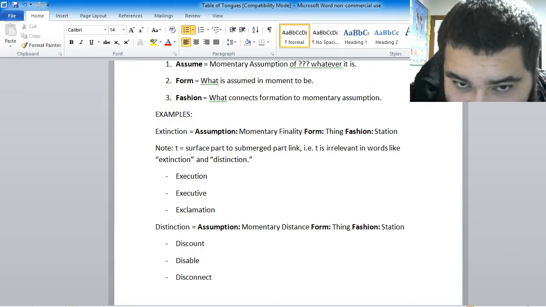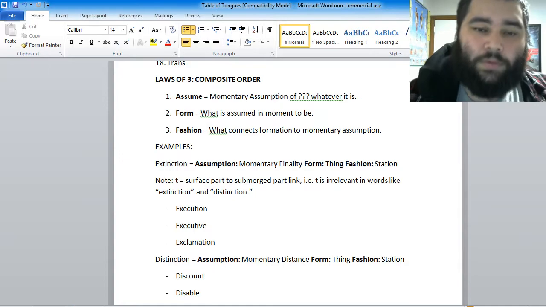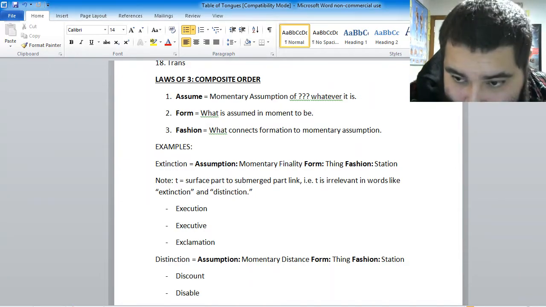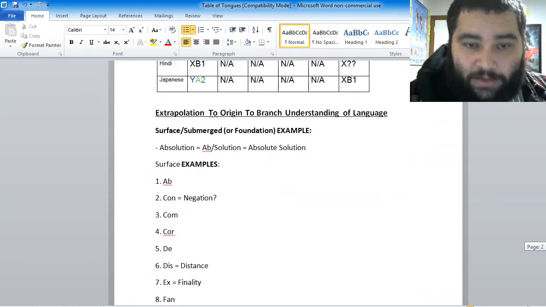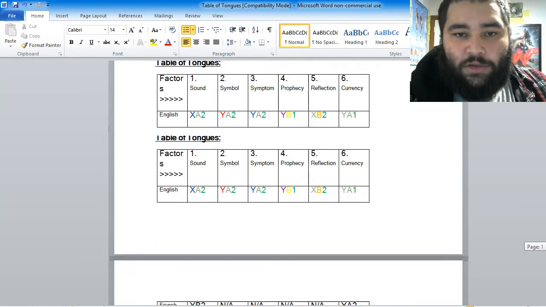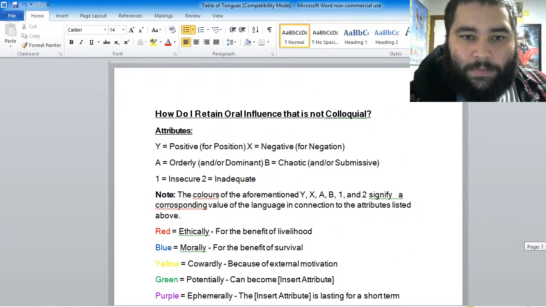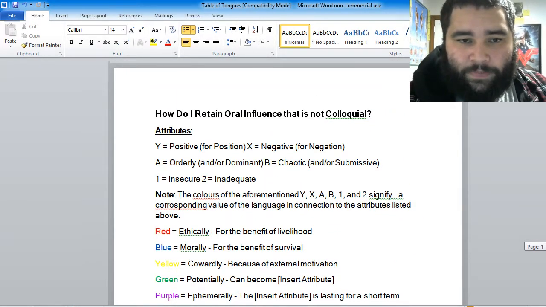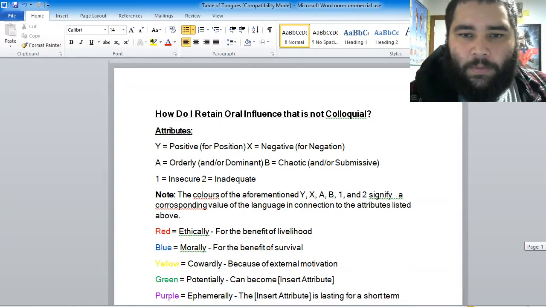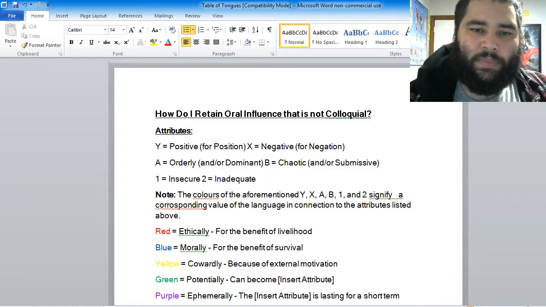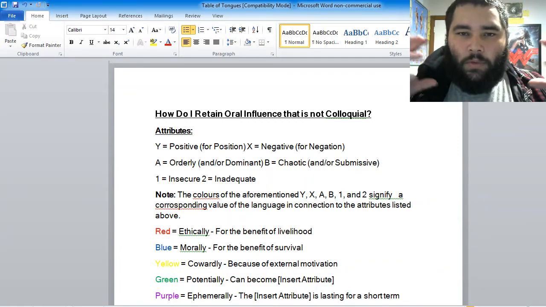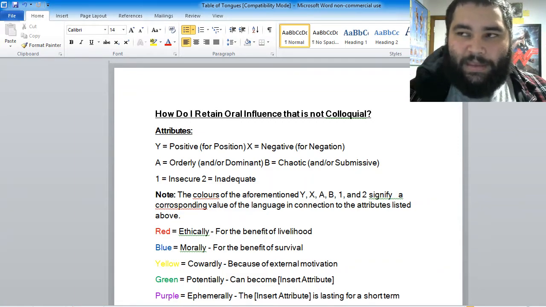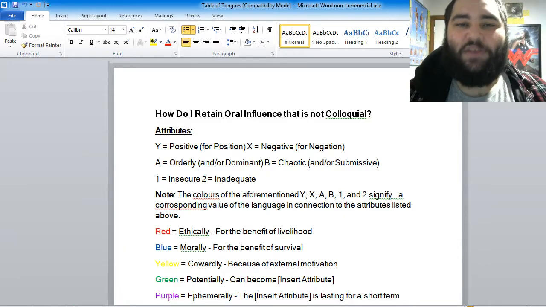But yeah, anyway, the laws of three composite order. So this, with extrapolation to origin to branch understanding of language, plus my table of tongues, I'm well on my way to figuring out how to get my mind to absorb every language, and as understood.